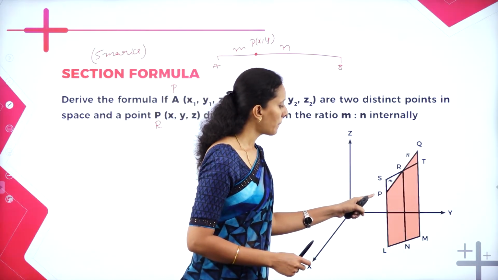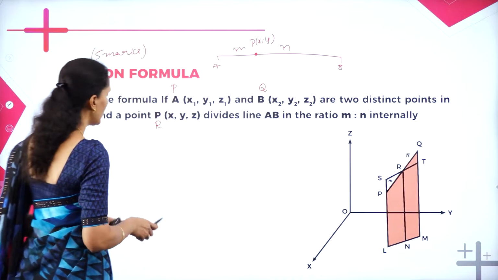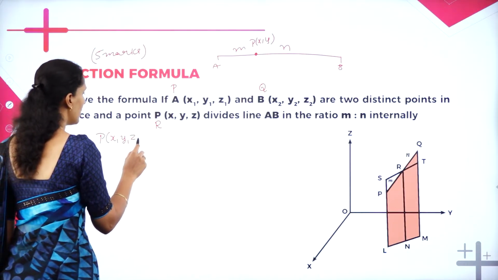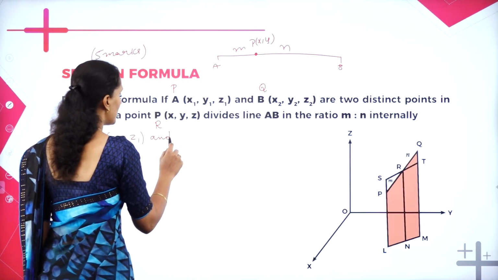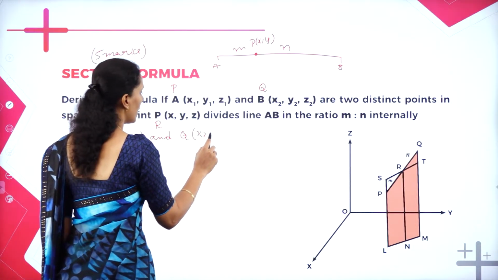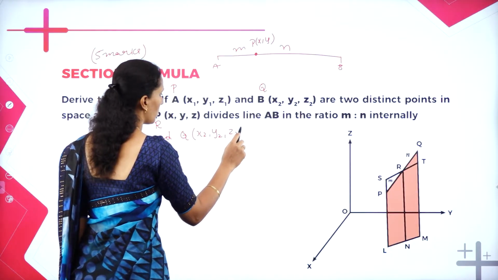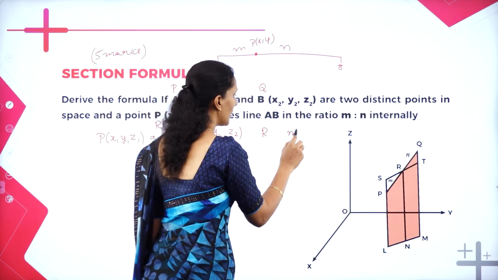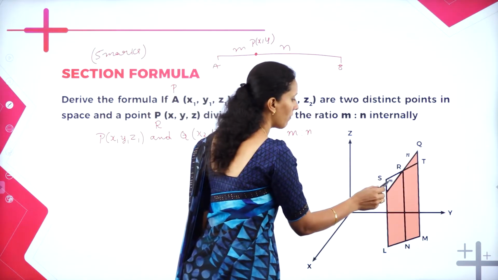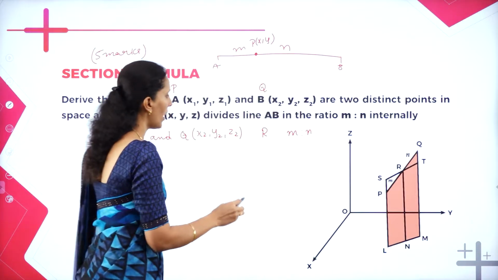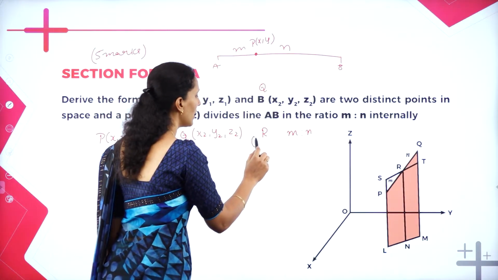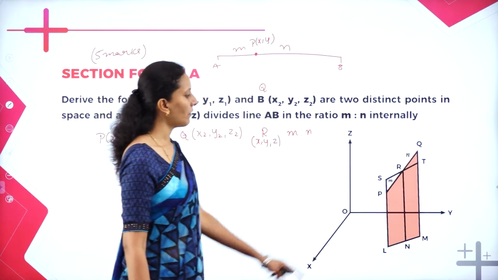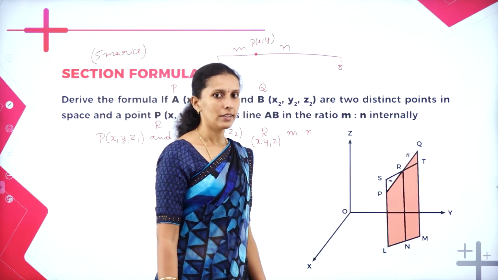Let P be the point with coordinates x1, y1, z1, and Q be one more point whose coordinates are x2, y2, z2. And let R be the point which divides the line in the ratio m:n. So here I have taken m and n. And R is the point whose coordinates, let it be x, y, z. Now I have to write the coordinates of R.